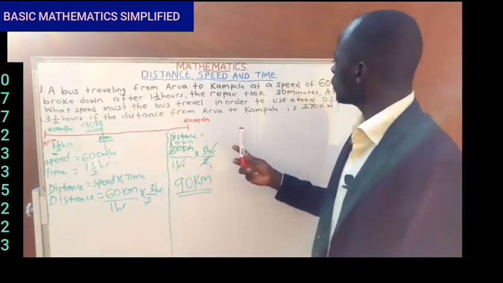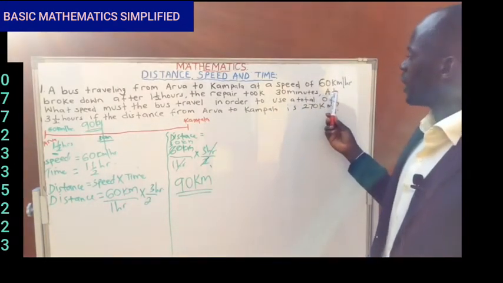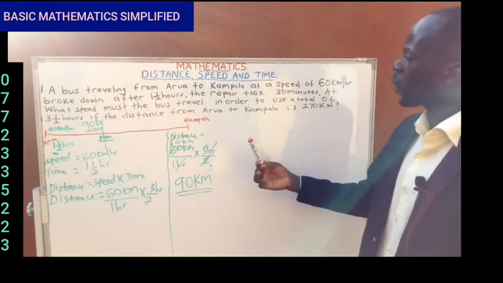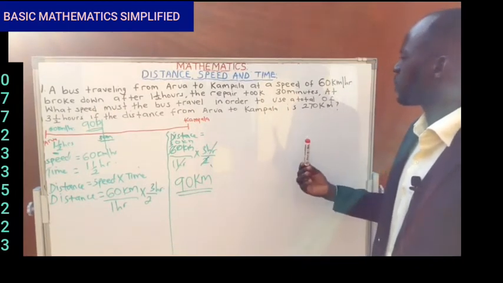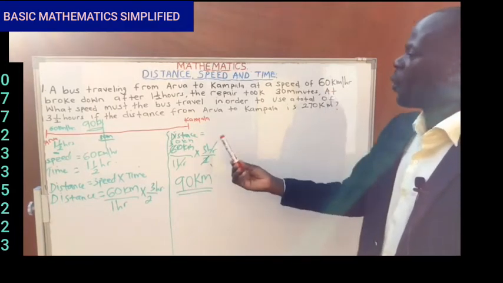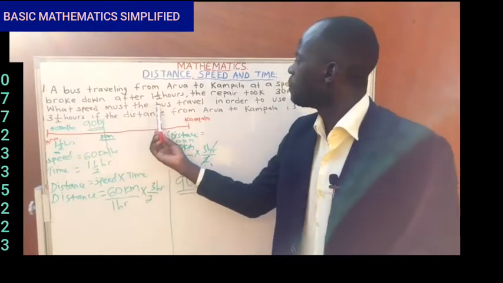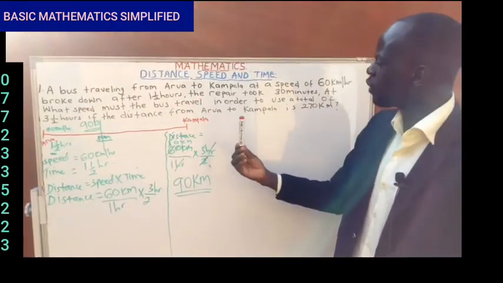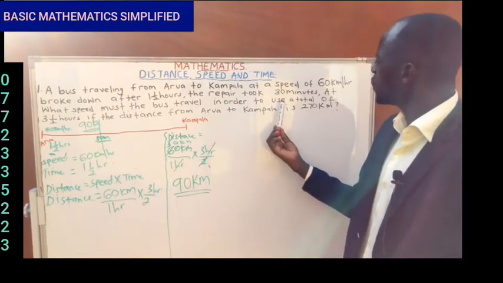Now, after realizing that he had used 1.5 hours and the repair took him 30 minutes, the question now is, at what speed must the bus travel in order to use a total of 3.5 hours?